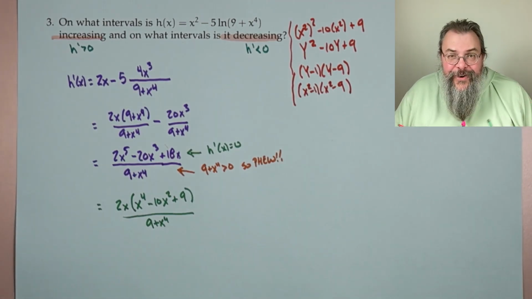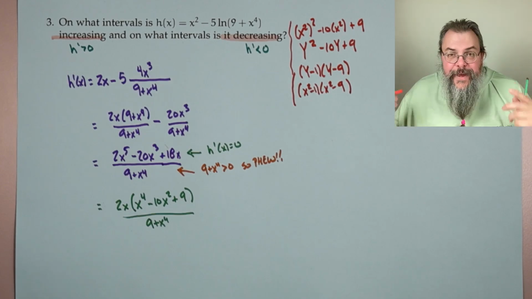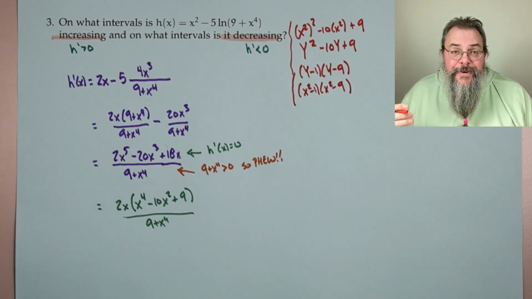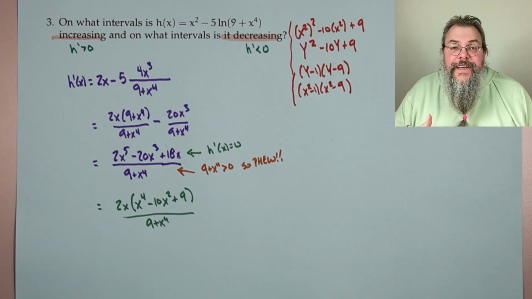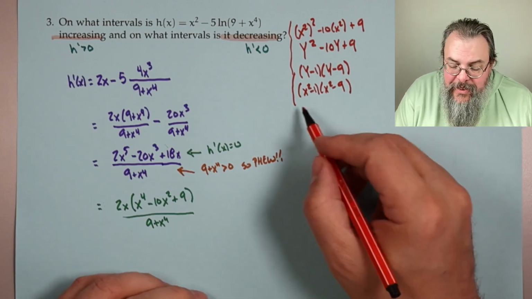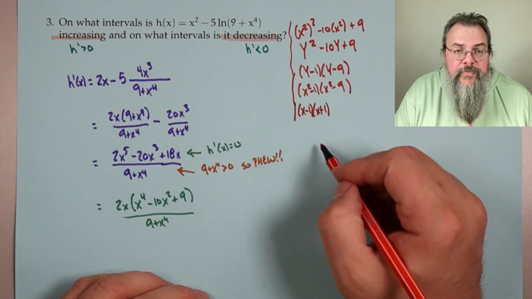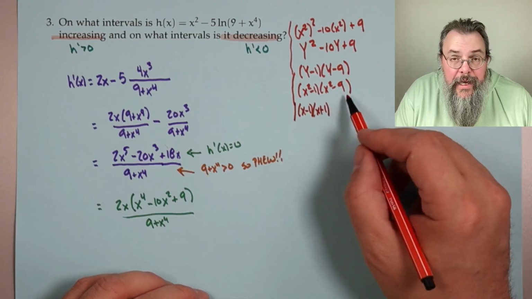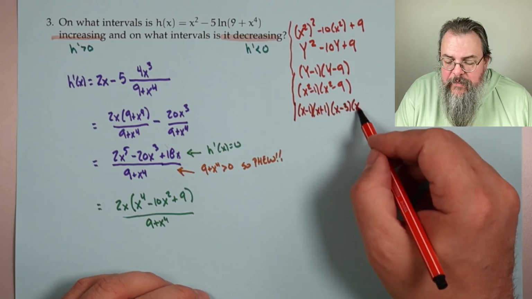But hold on, x squared minus 1, that's famous. We see that one so often, it's sort of ingrained in our souls. It's a difference of squares. So this is like x minus 1, x plus 1. And in a similar way, x squared minus 9, that's x minus 3, x plus 3.